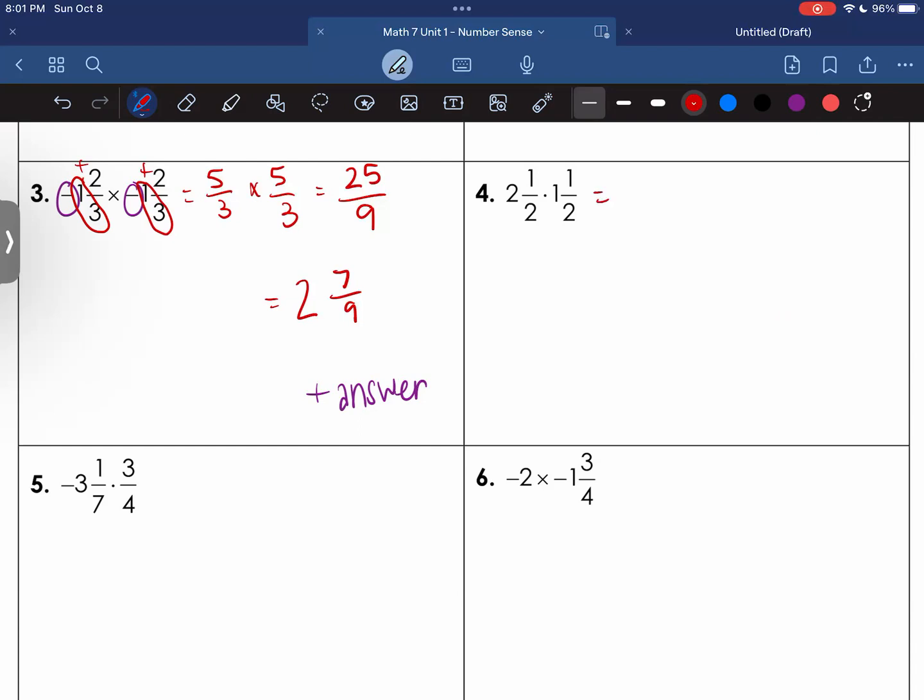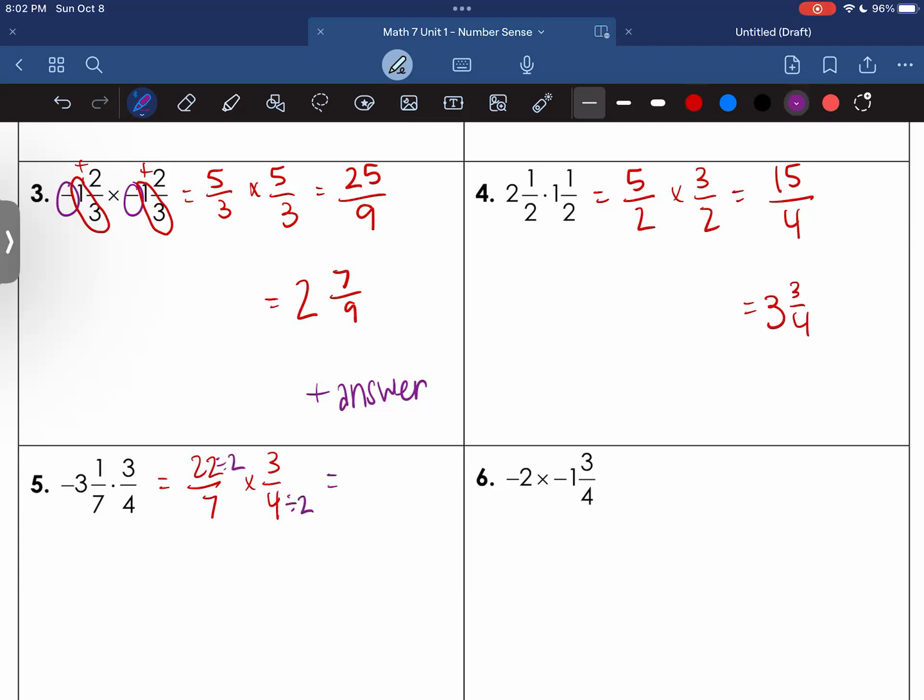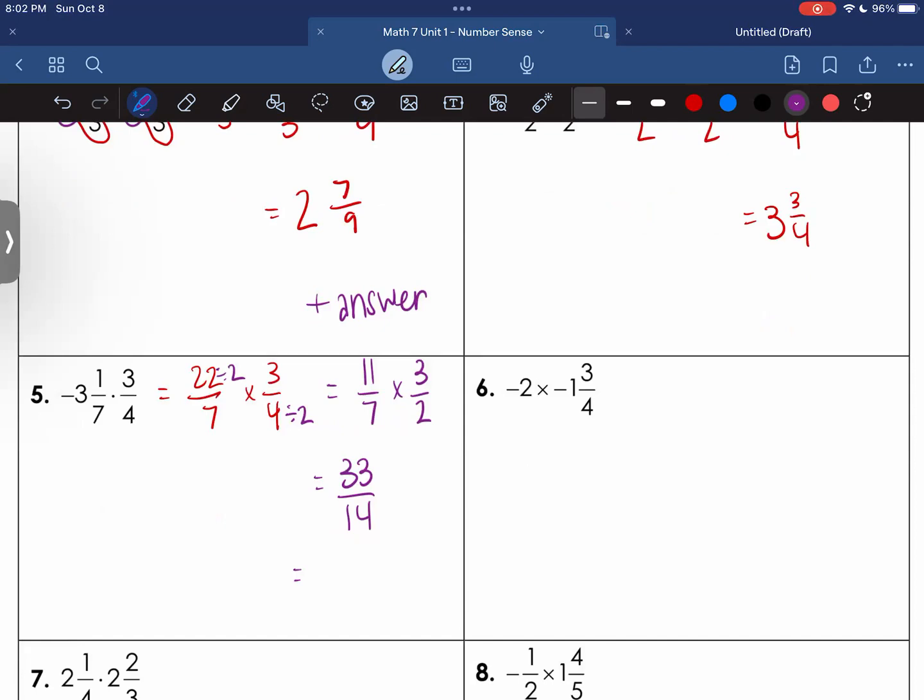I'm going to quickly go through step by step. Remember, number 5 is going to be negative because we have a negative times a positive.